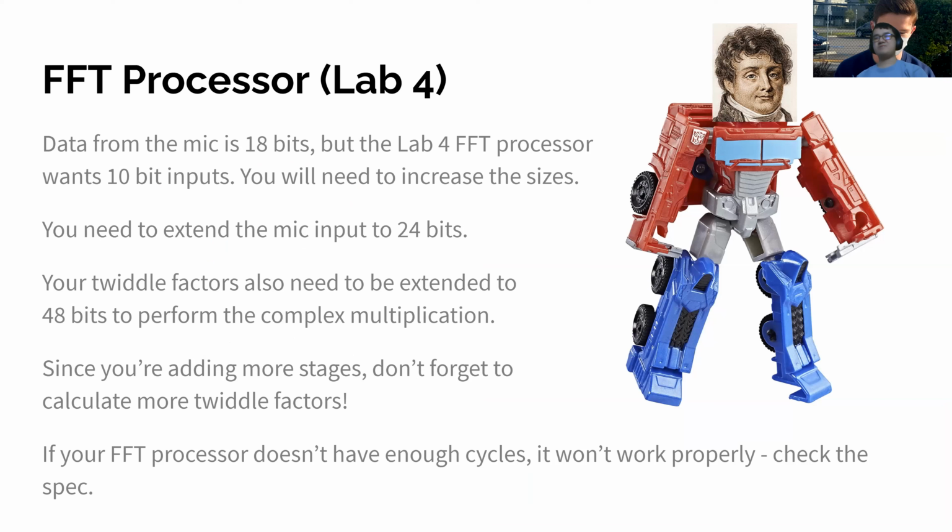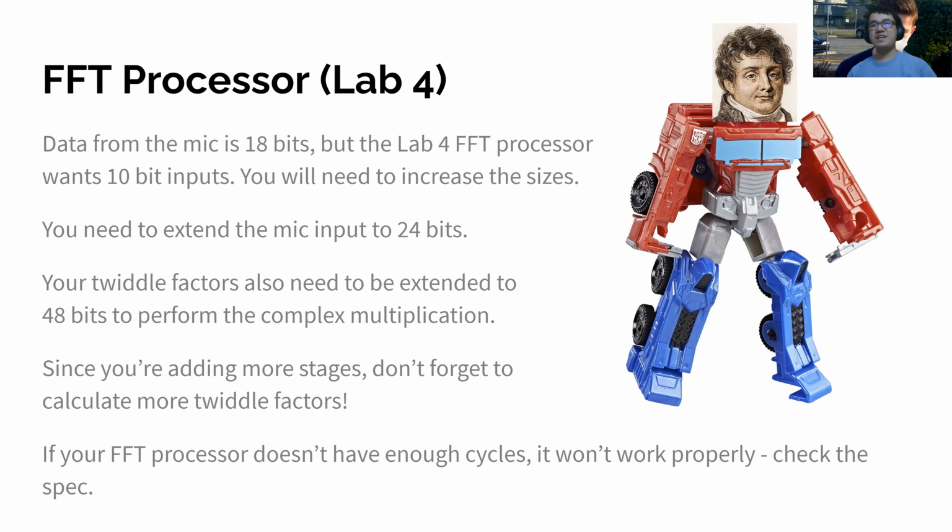That also means, since we have 24 bits of real and 24 bits of imaginary data, that your intermediate stages and your twiddle factors will be a total of 48 bits to perform complex multiplication. And since you're adding more stages, don't forget that also means you need to make more twiddle factors, because each twiddle factor is dependent on the stage you're in. And hopefully if you don't remember how to calculate the twiddle factor, you can go back and watch the lectures on YouTube for Lab 4 to remember how to do it.